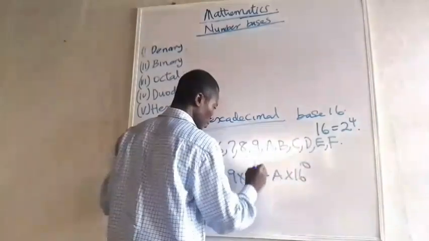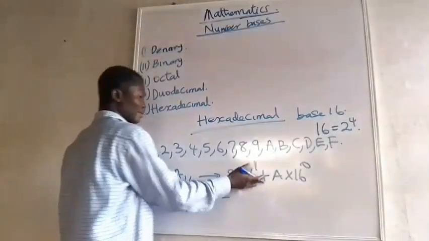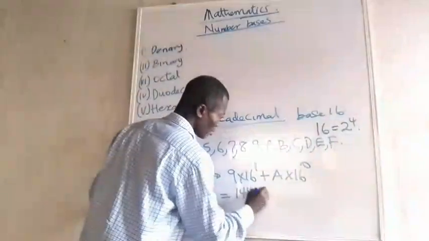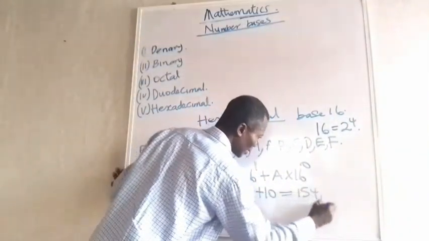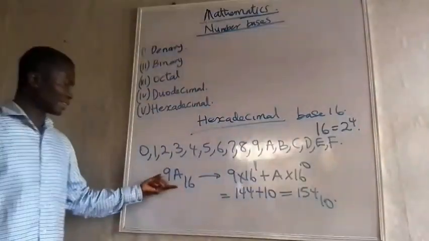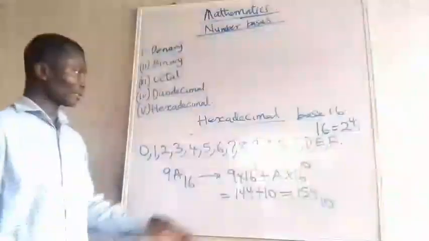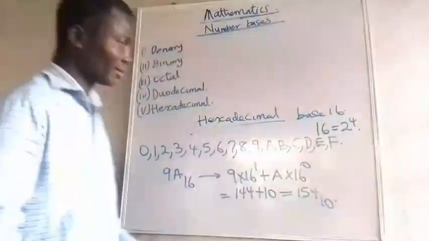So we put 0, put 1 here. And that will be, I think, 144 plus, what is this one? 10. So this is 154 base 10, and this is 9A base 16. So you can see straight. So you don't consider it as separate numbers. Consider it as a whole number. That's it.